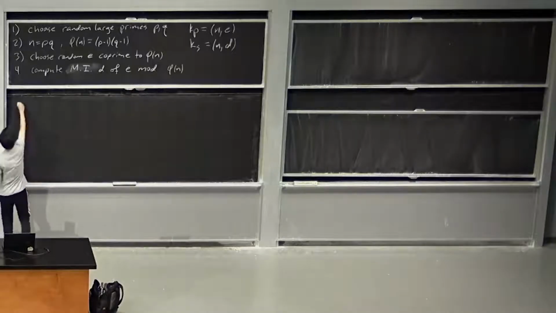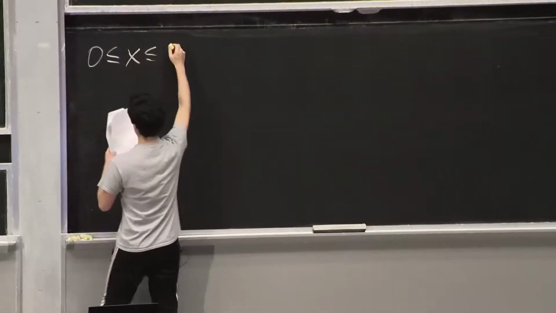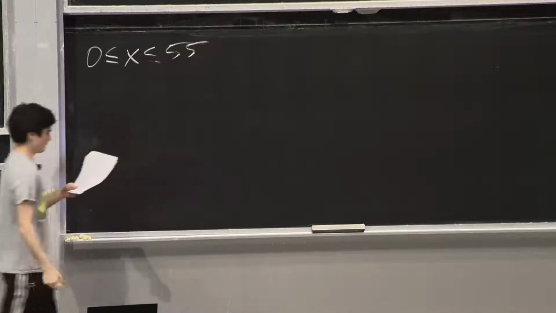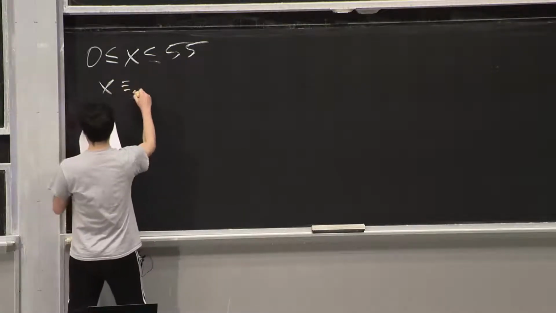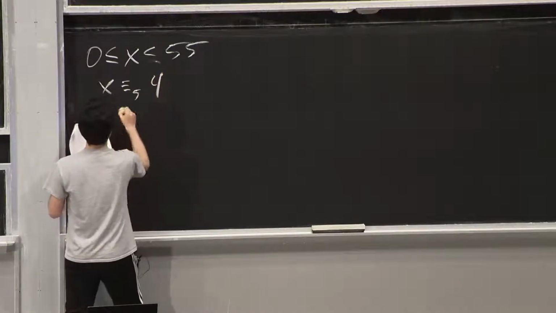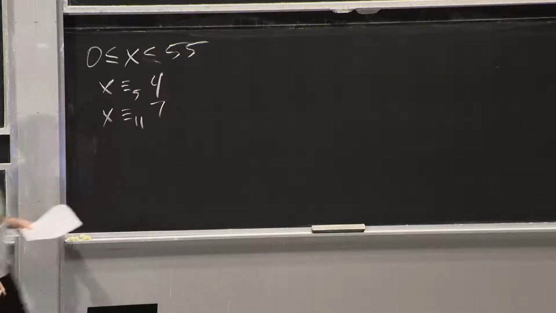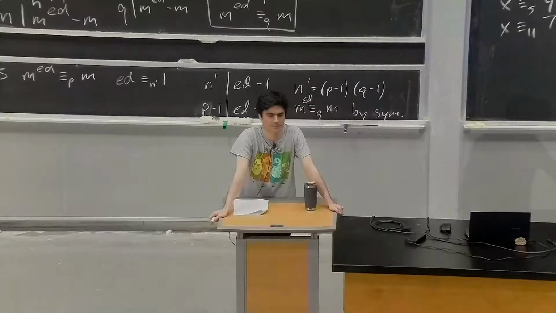Okay? So as a very simple example, suppose we have the following. x is strictly less than 55. Okay? And we know that x is congruent mod 5 to 4, and x is congruent mod 11 to 7. I claim that we have enough information now to uniquely identify x. Okay. Can anybody do it?